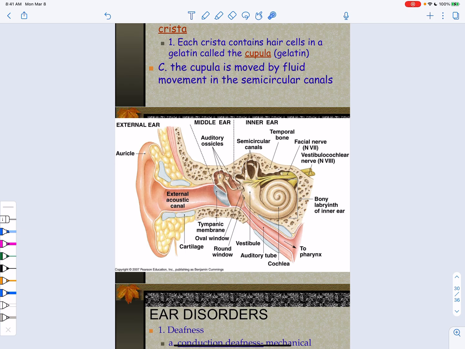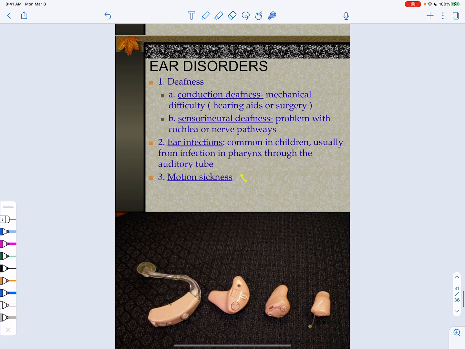And this is where motion sickness comes from. We're not exactly positive as to why you get nauseous and vomit and turn a really grinchy green.